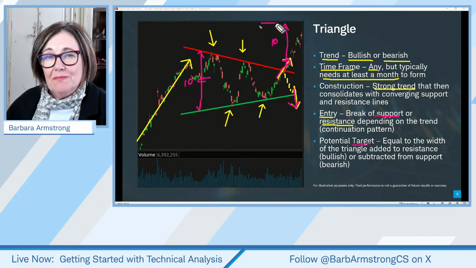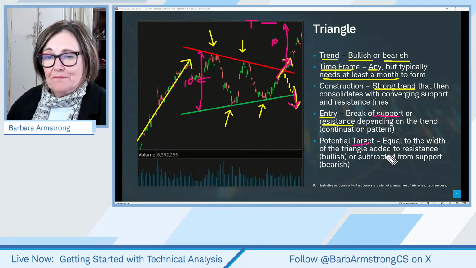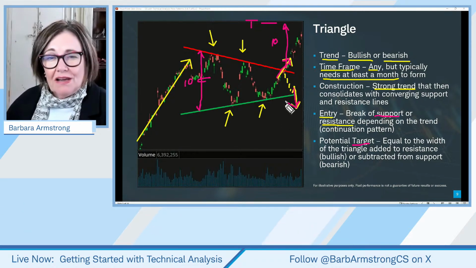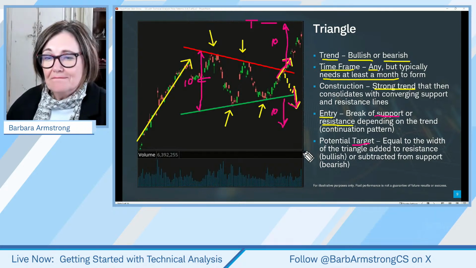That's where we might put a target when it breaks out. Or if it breaks to the downside, then we're expecting it to move $10 to the downside, the width of this channel.